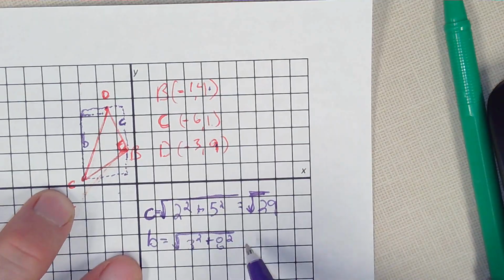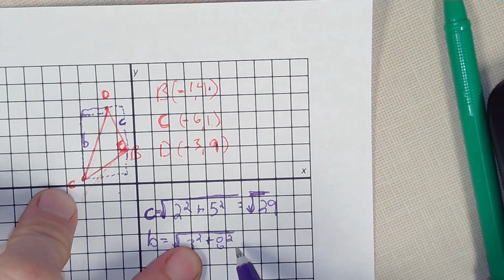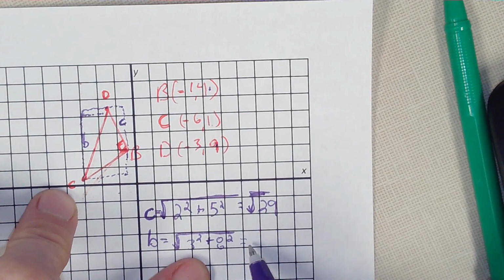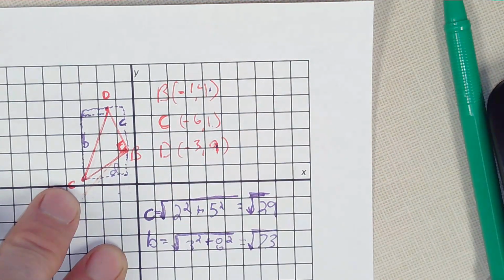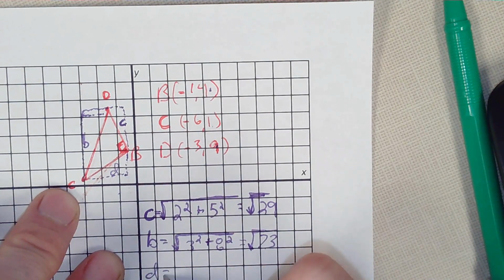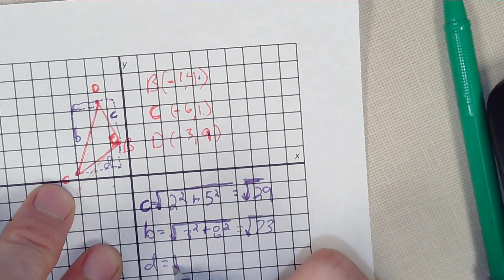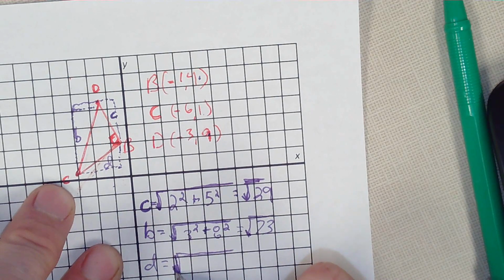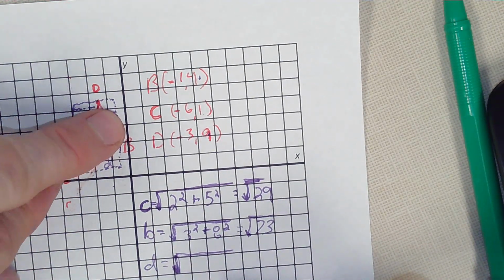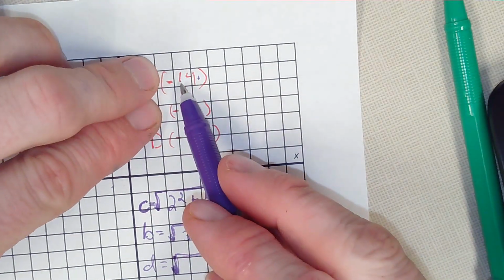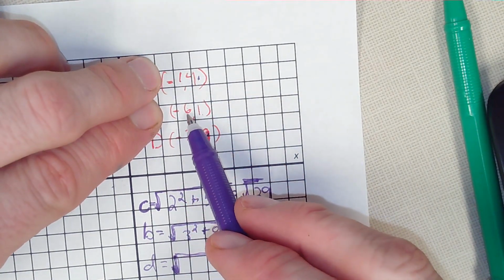Okay. All right, so 3 squared is 9, plus 8 squared is 64. 9 plus 64 is 73. So this will be the square root of 73. And finally, we have D. So D is going to be the square root of our difference in x and difference in y of C and B. We got C and B. So the difference between negative 1 and negative 6 is 5.